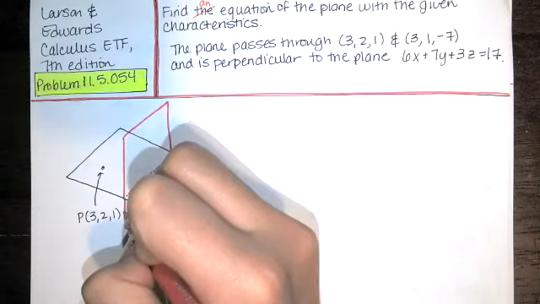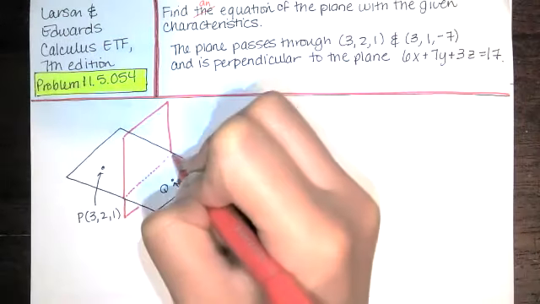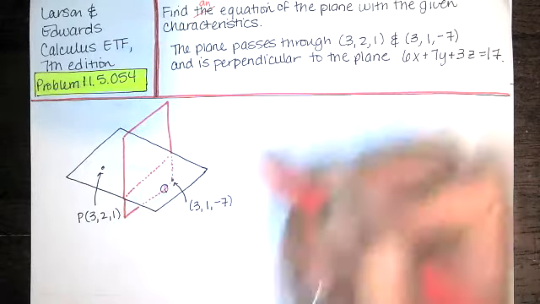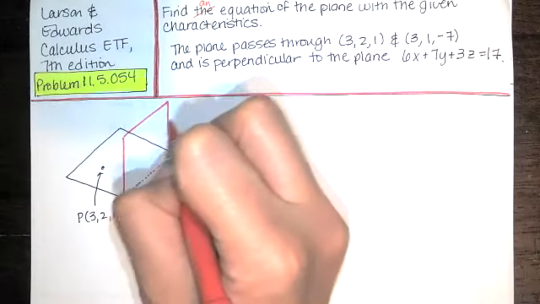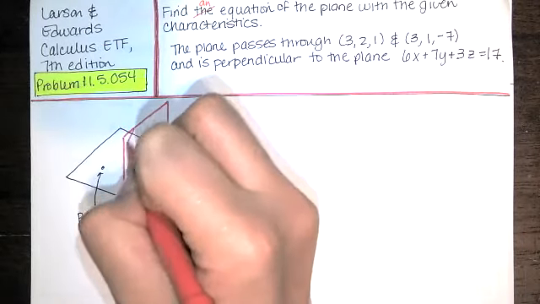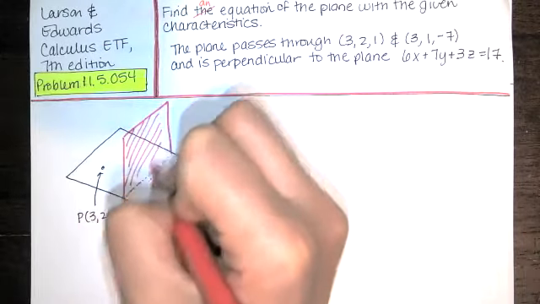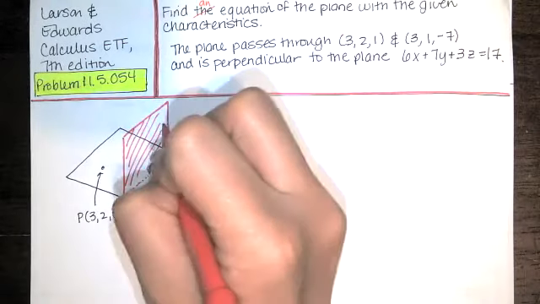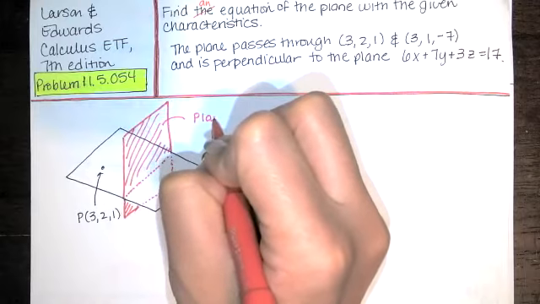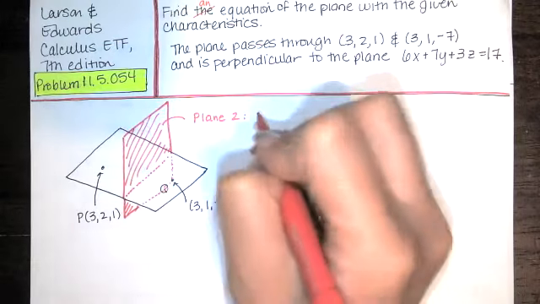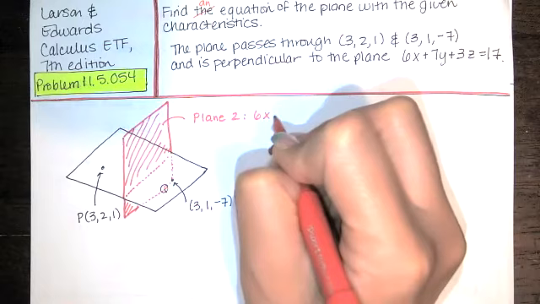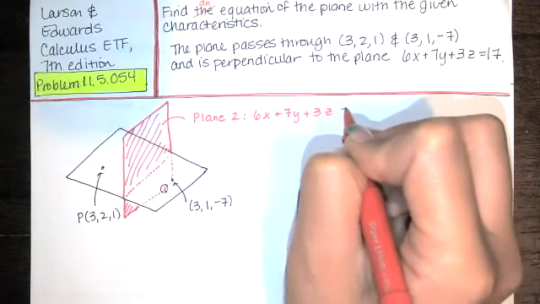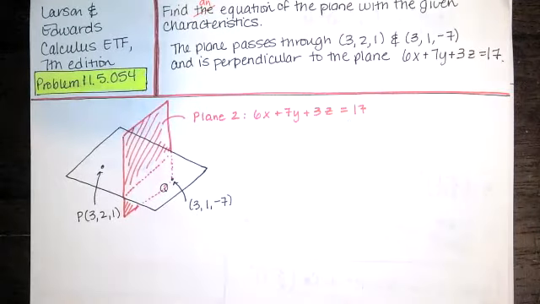So let's say that's where that second plane meets our first plane. And the equation of this second plane, I'll just shade it in. Plane number 2, not our plane, but the other plane, is 6x plus 7y plus 3z equals 17.